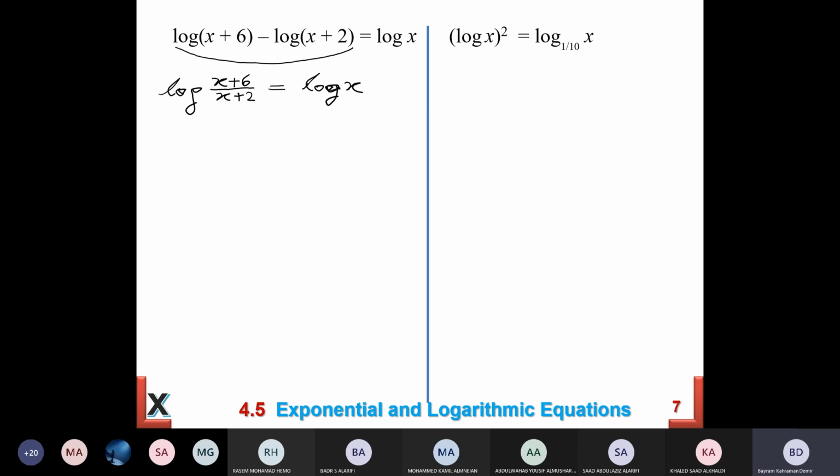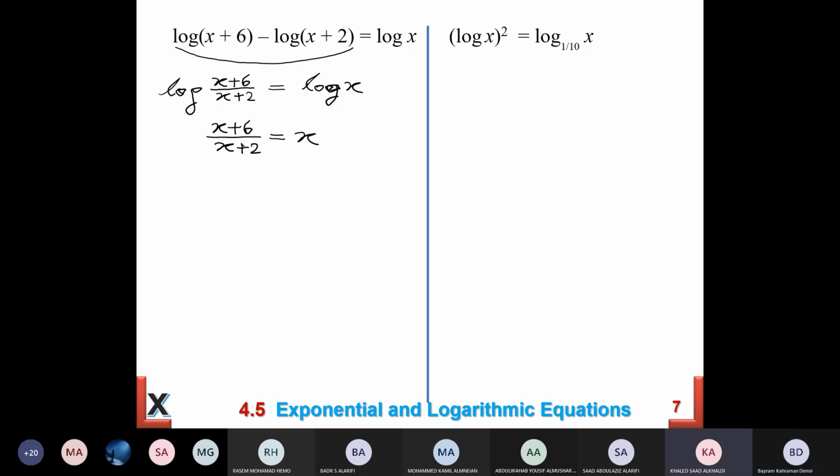Again, if you have two logarithms that are equal, then the arguments should also be equal. So make sure, Shabab, we have one logarithm on one side and one logarithm on the other side. Then you can write the equation between the arguments: x plus 6 divided by x plus 2 equals x.